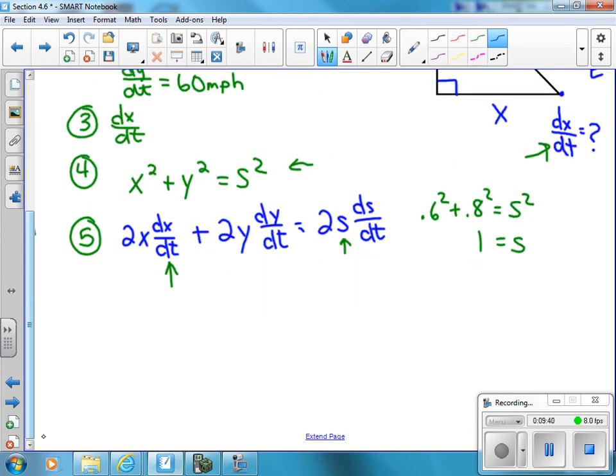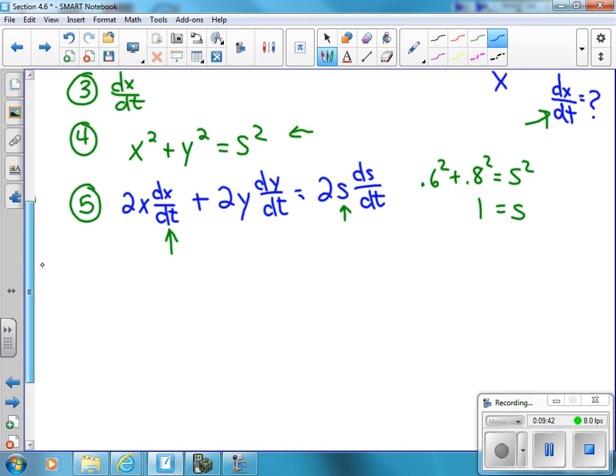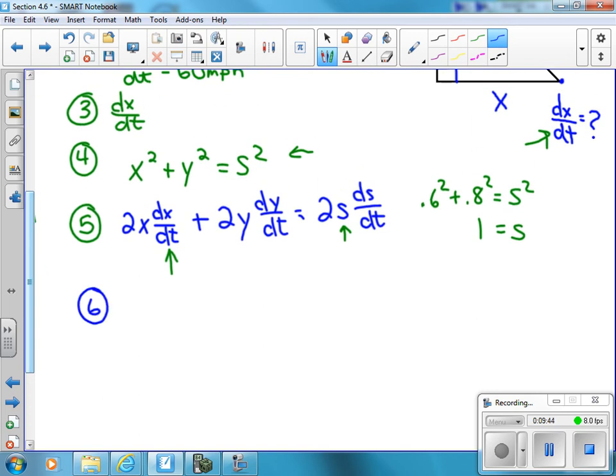So part 6 says evaluate. Oh, this is so exciting. Okay, so let's evaluate, see if we can keep all of our numbers straight. 2 times 0.6 times, oh, that's not 0.6. That's actually 0.8, isn't it?